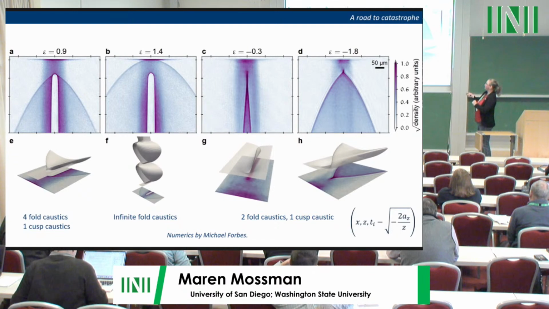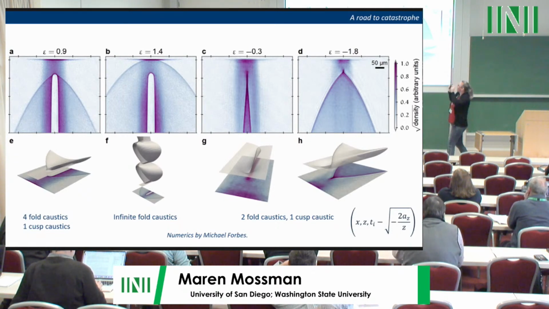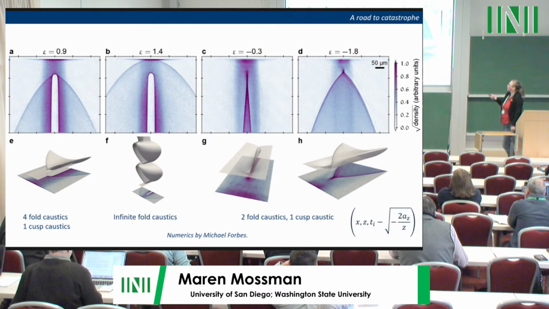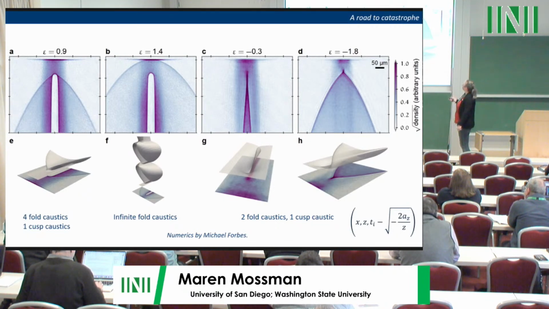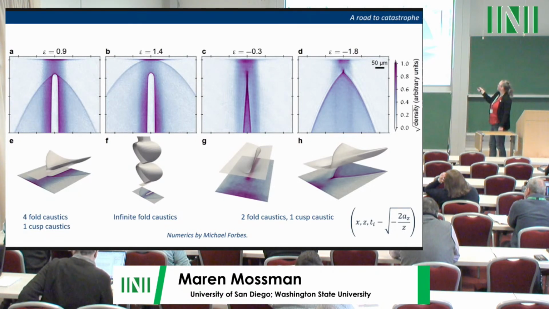In the case of the detached Bose shock, we actually have an infinite number of folds because the atoms right here constantly bounce back and forth. In terms of the attractive potentials, we have 2-fold caustics, so 1, 2, coming from one cusp caustic, which is very clear right here.